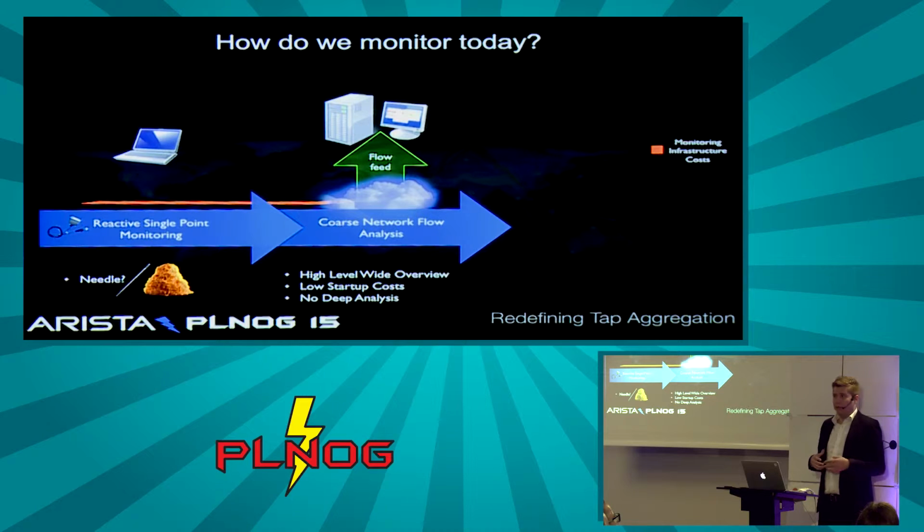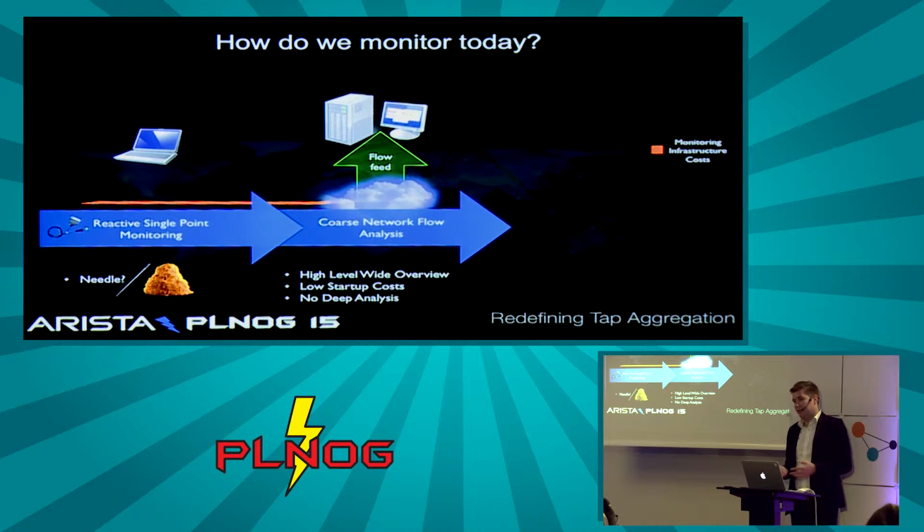If I'm a service provider, flow data can be extremely useful in looking at the distribution of my outbound traffic, for example. But what it doesn't tell you is often the very specific kinds of problems where you need to look for a specific type of traffic, or you need to record a specific type of traffic where sampling will not cut it.